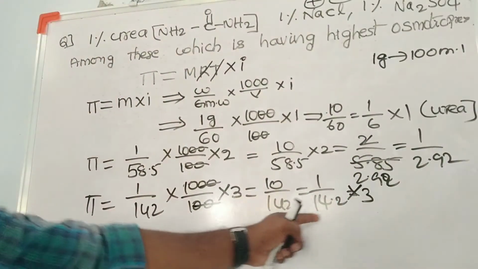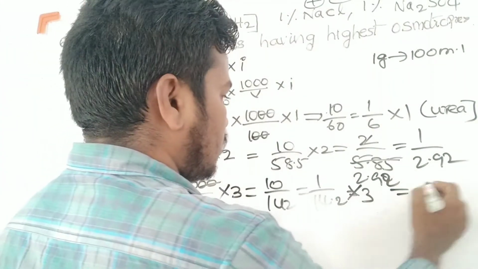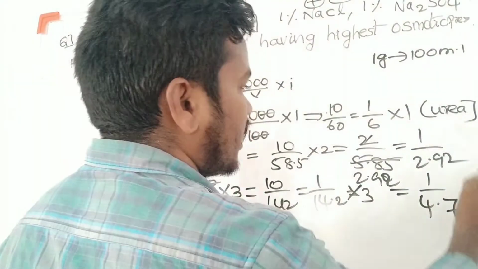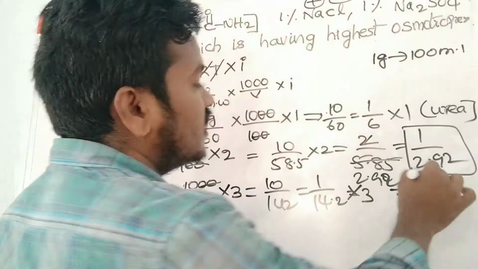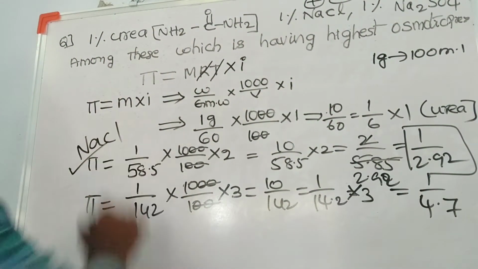By doing the calculation you will get 1 by 4.7. Among all these, this has the least value, so NaCl has the highest osmotic pressure.